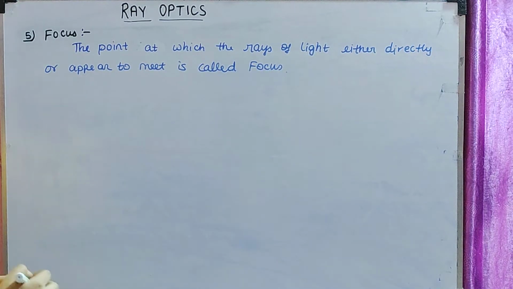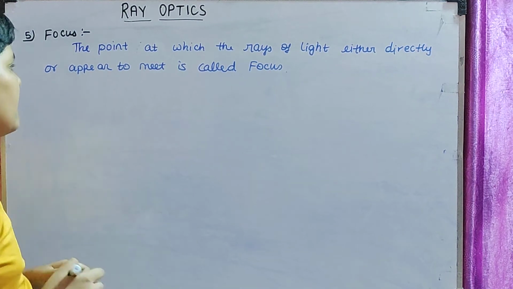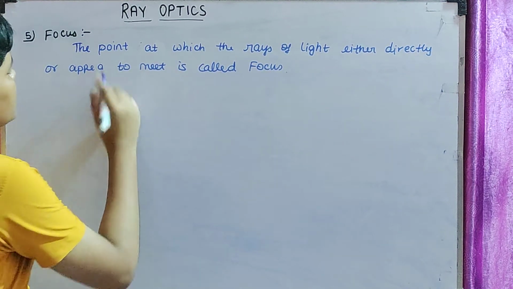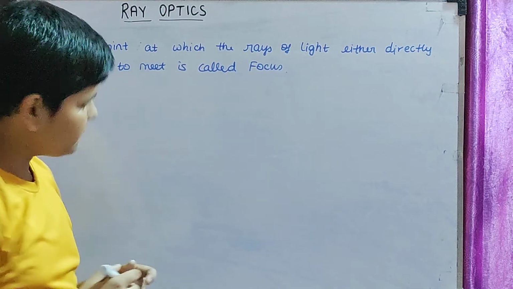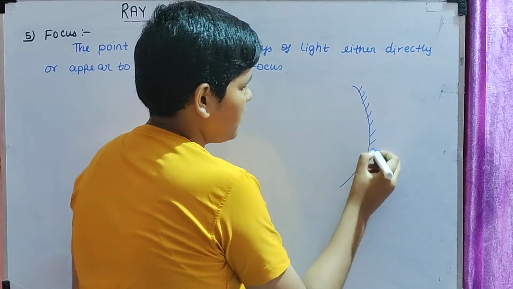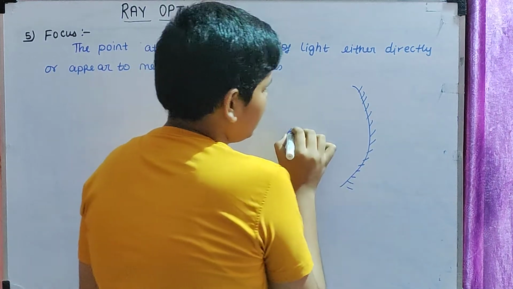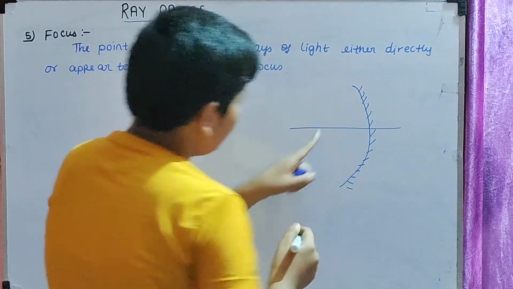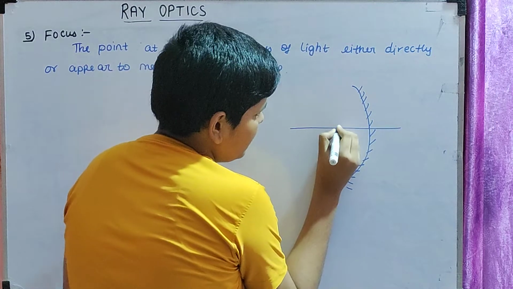So the point at which the rays of light either directly or appear to meet is called focus. So what is this focus? Let us take over here the mirror. It is a concave mirror over here. So we are taking this point, for example, as a focus.